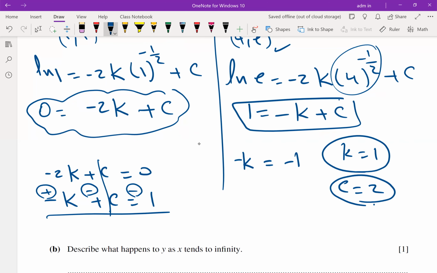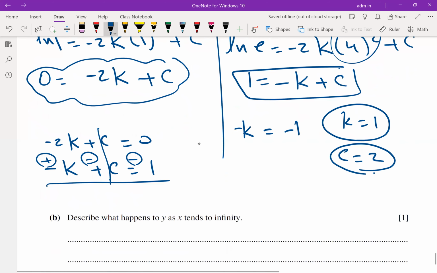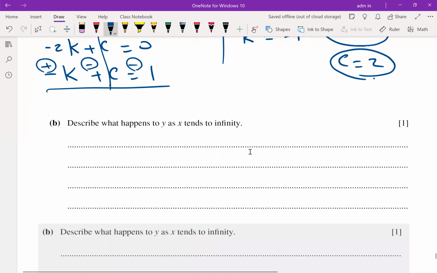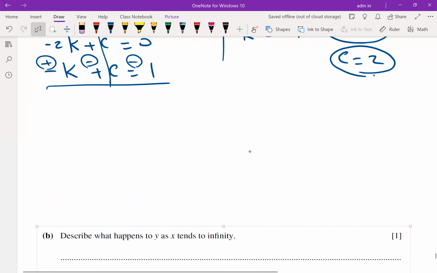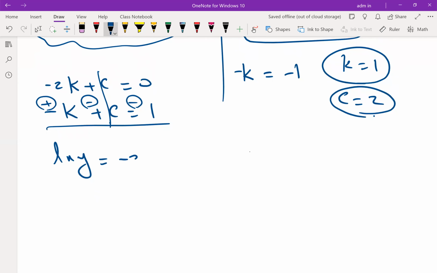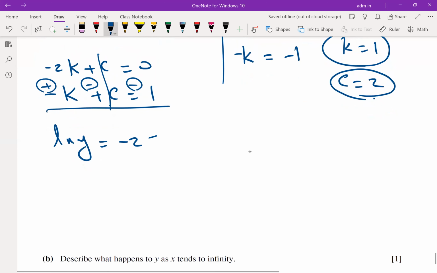So the final equation is ln y equals minus 2k, with k as 1, x to the power of negative half, plus c, meaning plus 2.